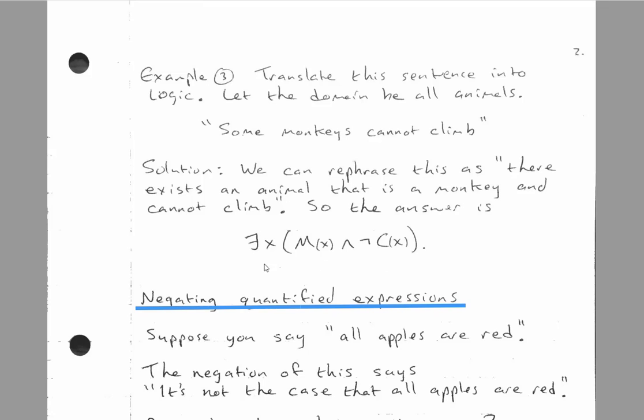Okay, so we can write it like this. We definitely need the existential quantifier. So there exists an x, there exists an animal that's a monkey and cannot climb.